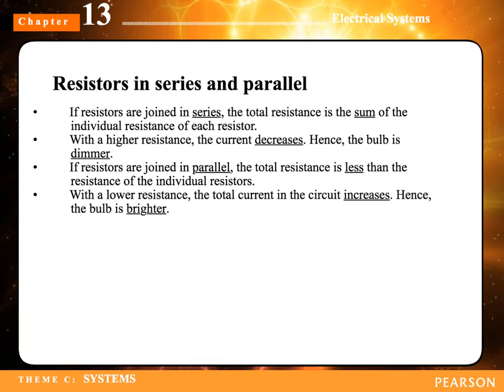I take the voltmeter. I measure the voltage across the battery is 4.5 volts, correct? If I take the same voltmeter and measure the voltage across the different components, the resistor, the bulbs, and add them all up, they should add up to 4.5 volts.